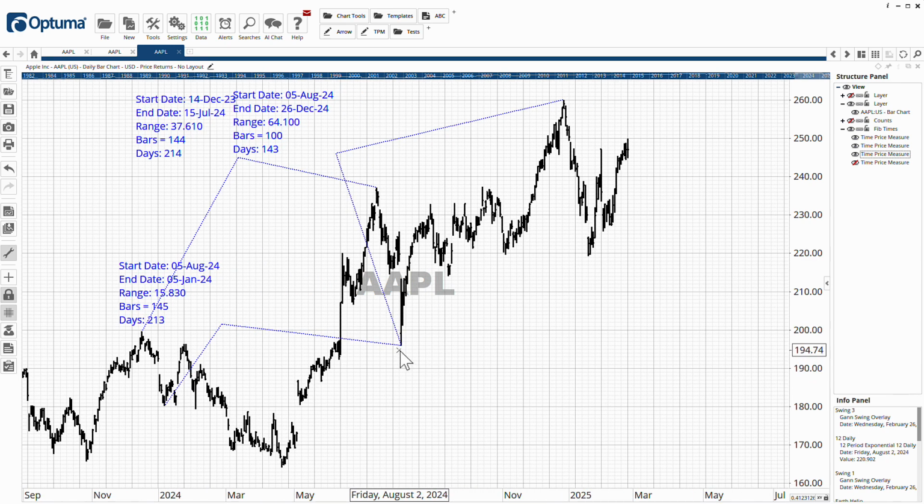From this major low, which occurred here August 5, 2024, if we started a time count just as Gann told us to nearly 100 years ago, 143 calendar days brings us to the last major peak that the stock made, December 26, 2024. And that's only one day out.